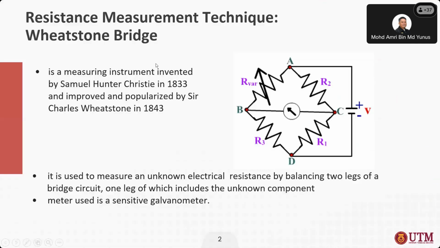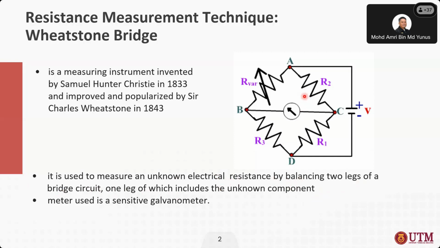So this bridge is called the Wheatstone Bridge, and it is used to measure an unknown electrical resistance by balancing two legs of a bridge circuit.